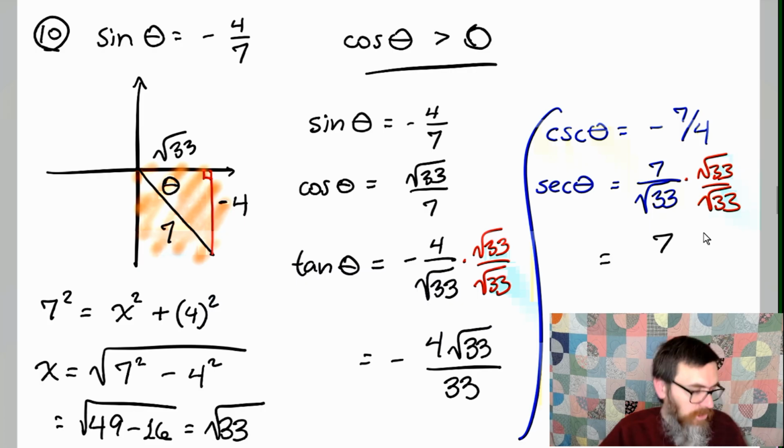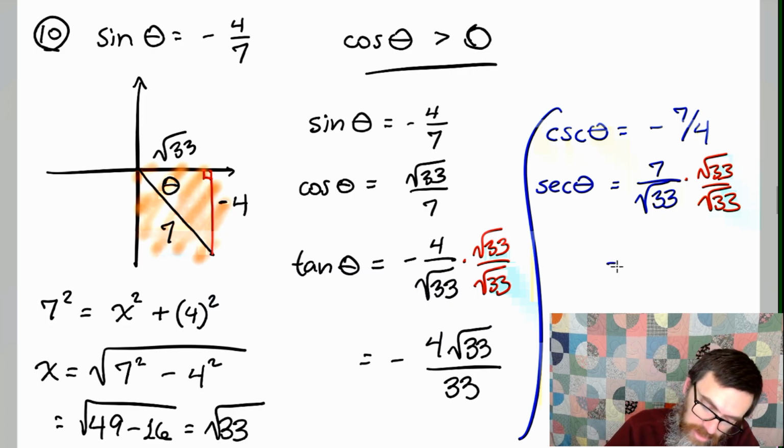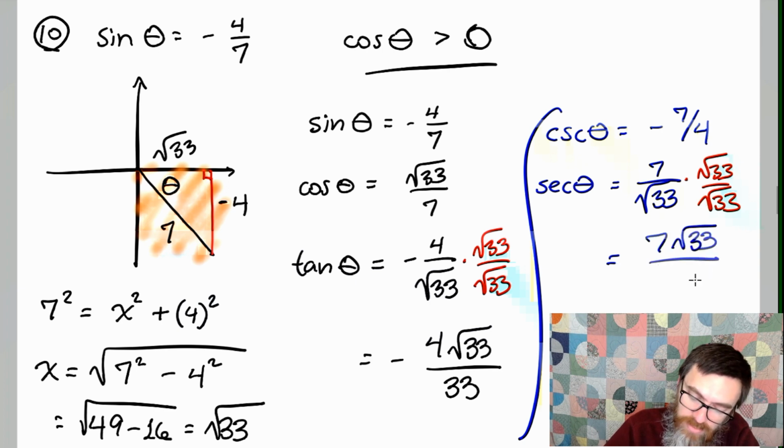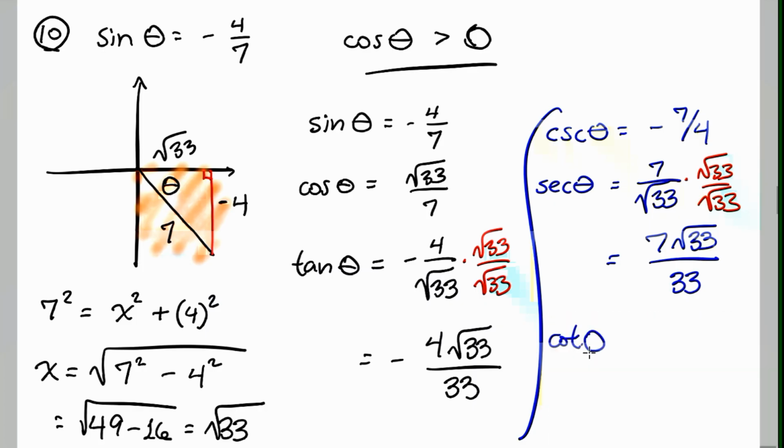So that is 7 square roots of 33 over 33. And finally, cotangent of theta is going to be the reciprocal. So that's negative square root of 33 over 4.